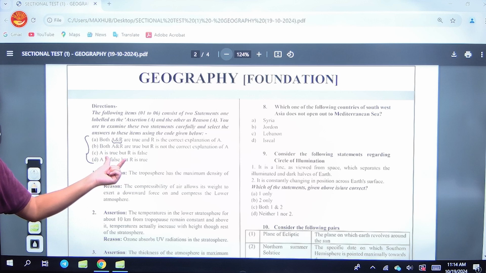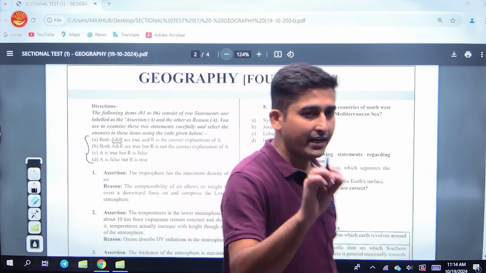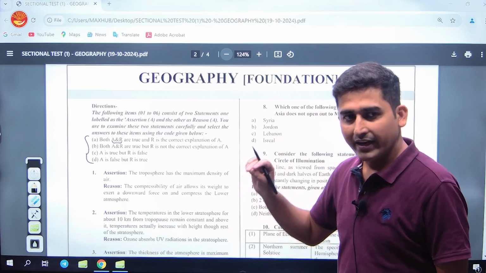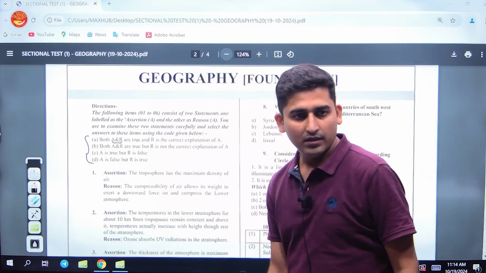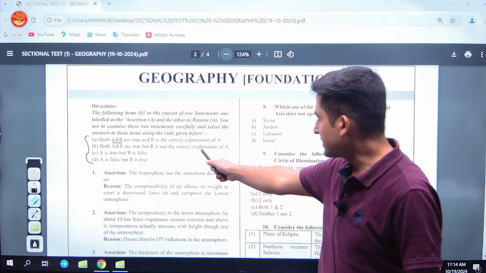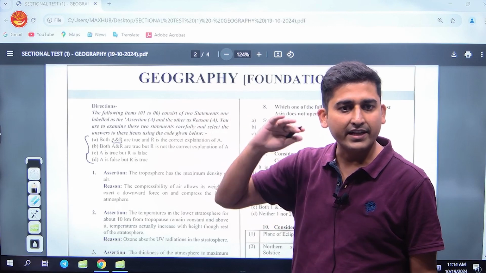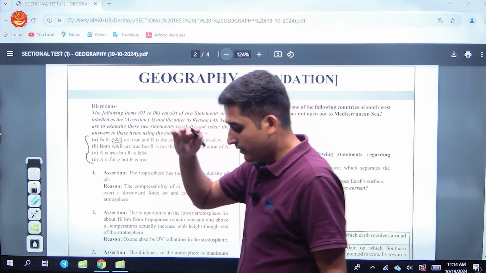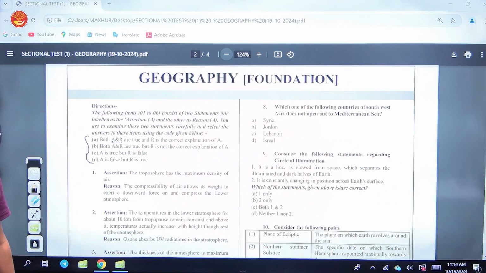Both are true, and the reason correctly explains the assertion. That will be the first case.